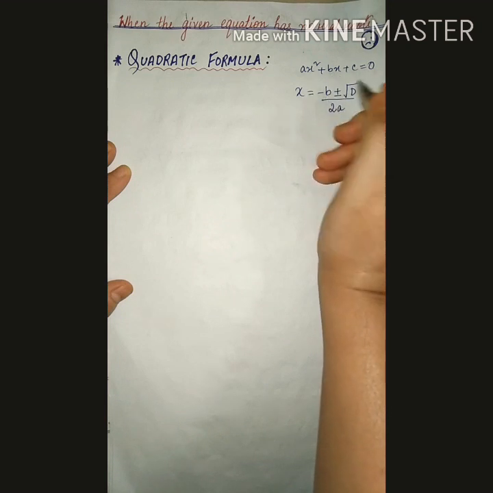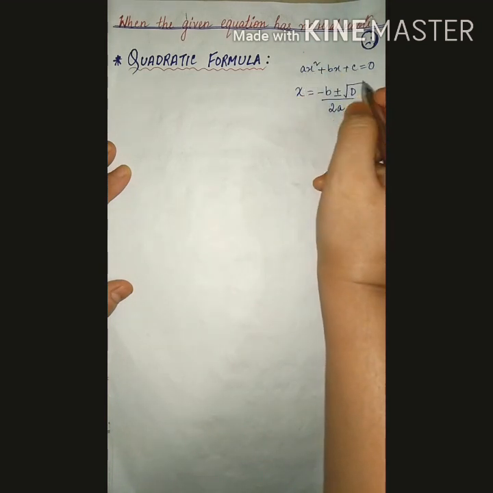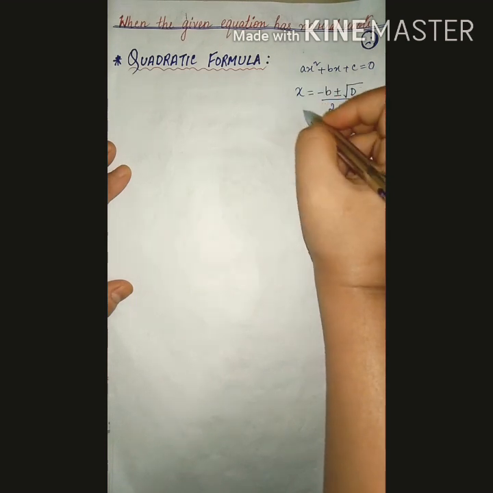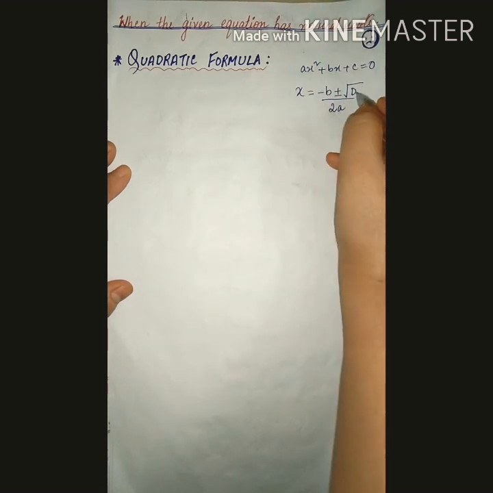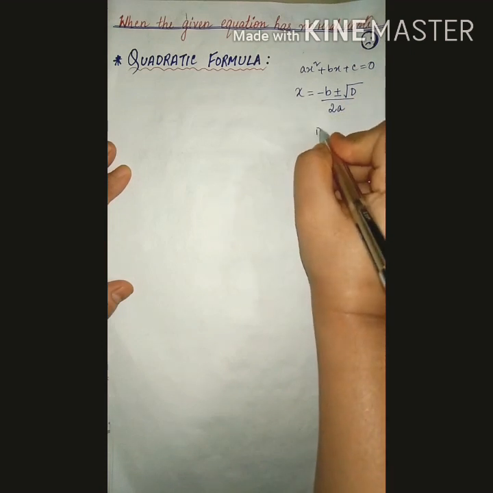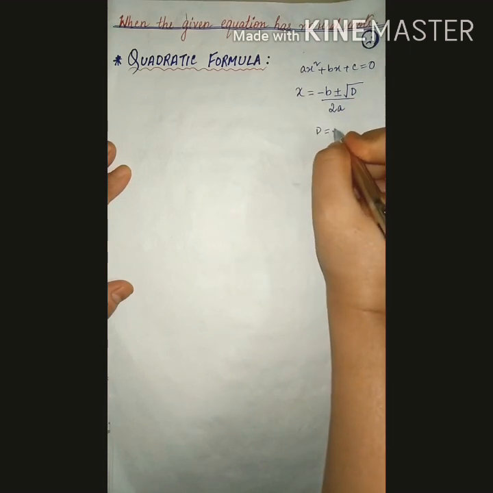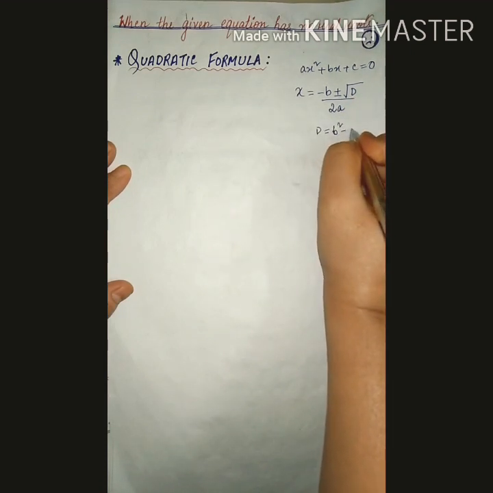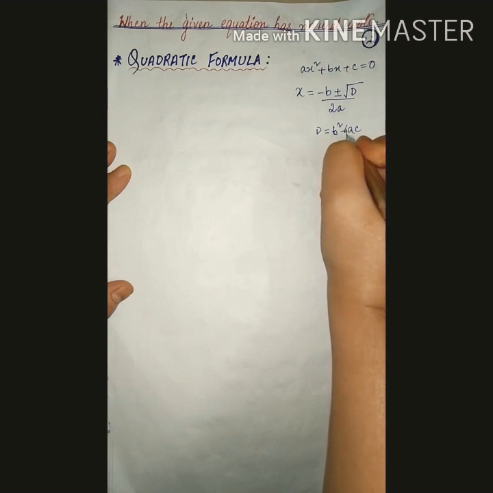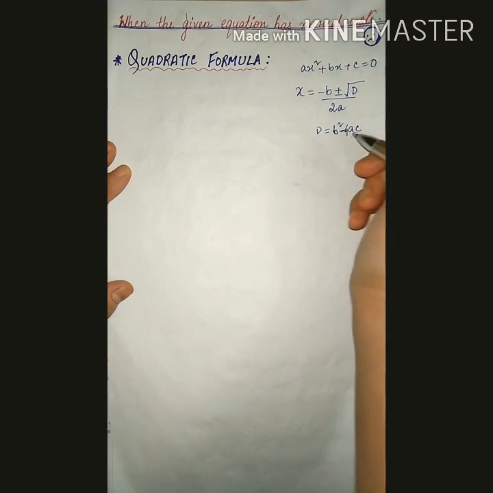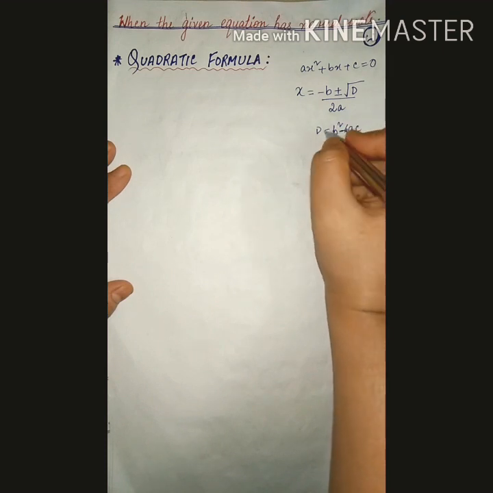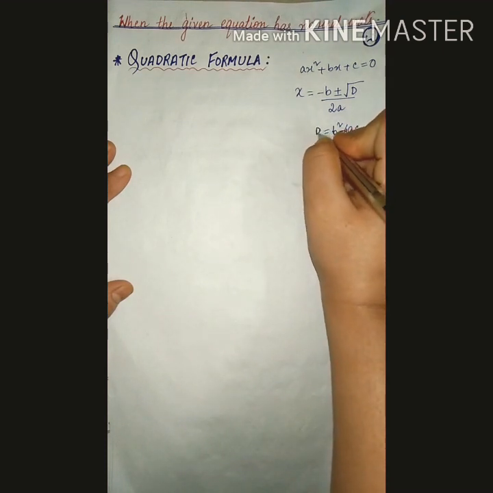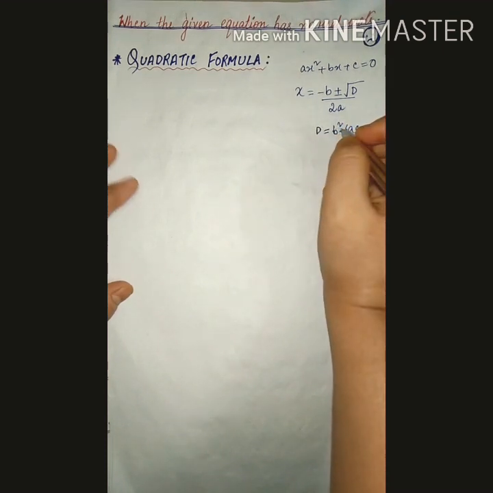This b is this one, this a is this one. Now it will be a bit difficult for you to remember this, and this D is our discriminant, which is b square minus 4ac. Now it will be difficult for you to remember how we got this.